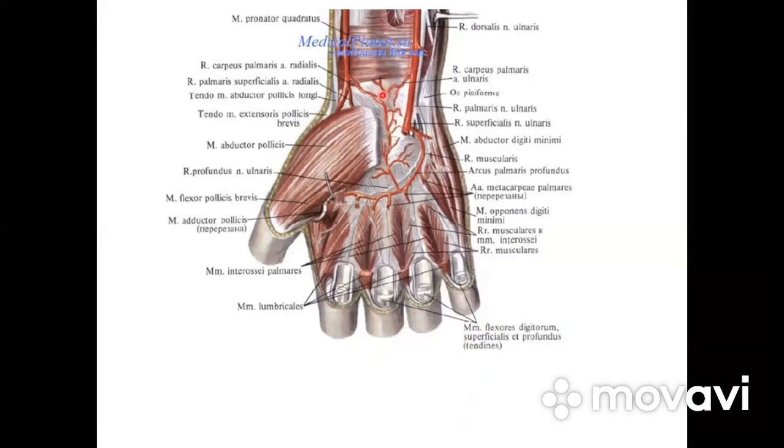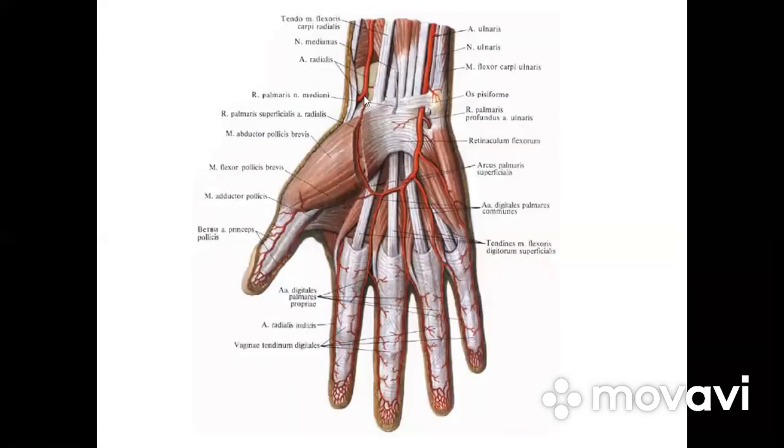Both make an anastomosis, called the palmar carpal rete, at the level of the palmar surface of the carpal bones of the hand. Next, the superficial palmar branch continues on the palmar surface of the hand and joins with the terminal part of the ulnar artery. Together, they will make the superficial palmar arch.